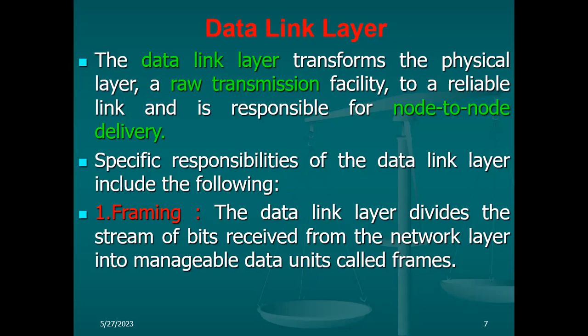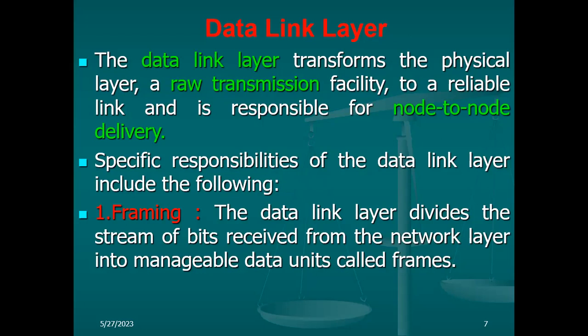At the receiver side, the data link layer receives the data in the form of raw bits from the physical layer, converts the raw bits into frames, then passes the frames to the network layer.